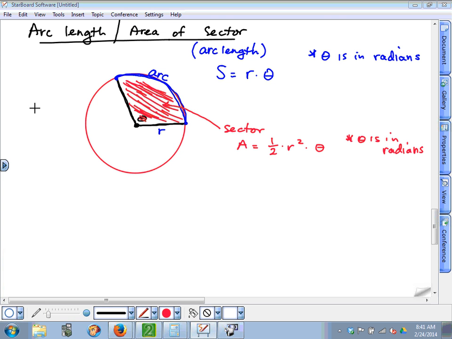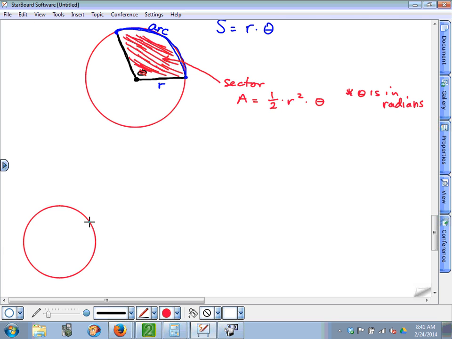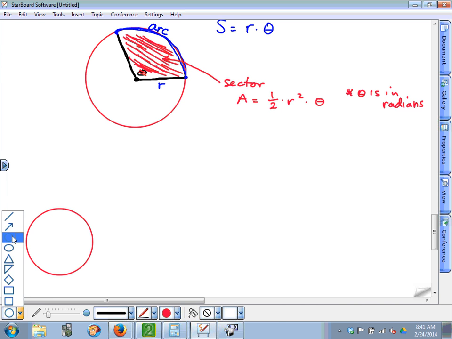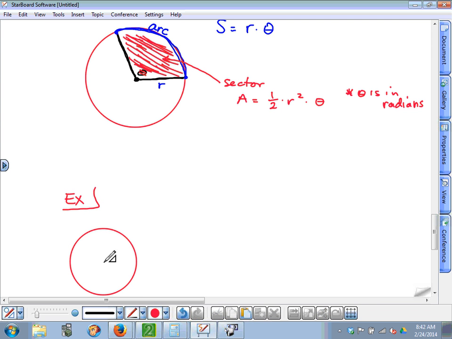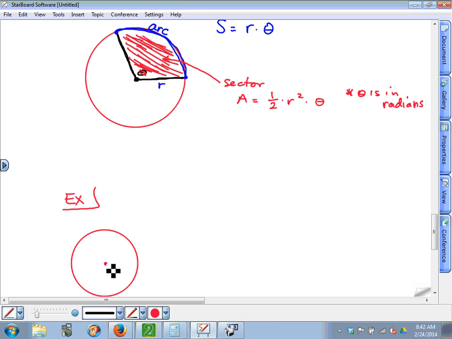Quick example. So put the radius as 11 feet.